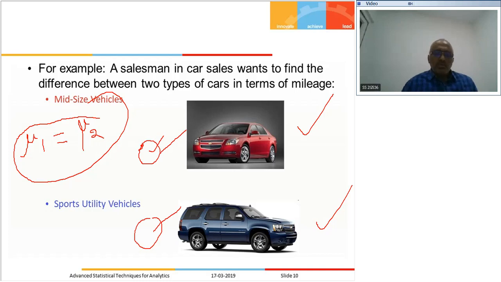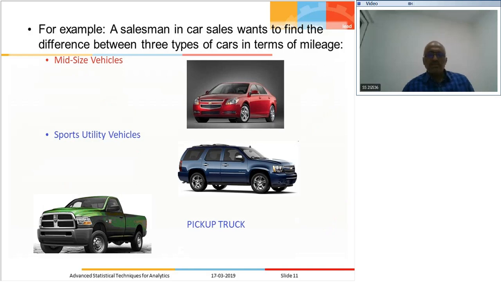Suppose it is something like this. Here, a salesman wants to find whether the mileage of these three models is the same or different. Then what to do?